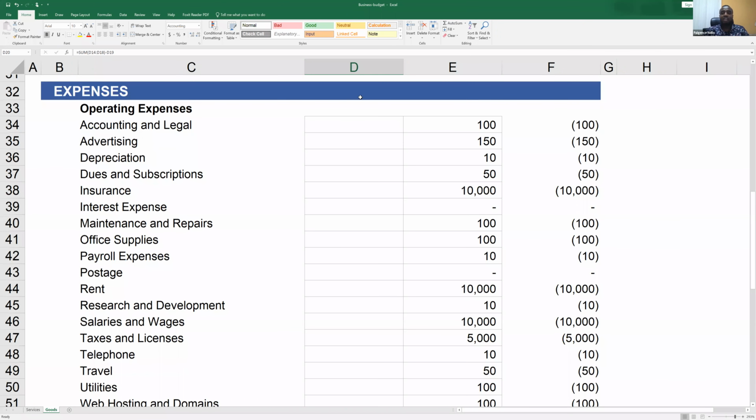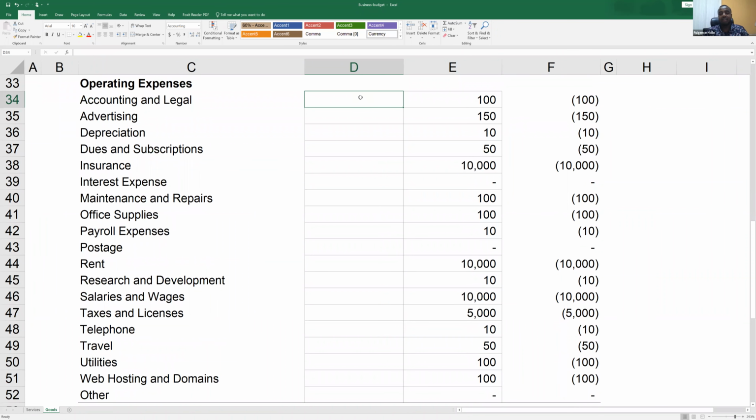Your legal fee, it was 100, you negotiated, and it went to 90. Advertisement, it went to 200. Depreciation, it was 15. Dues for subscription, it went to 80. Insurance, you negotiated to 9,500. Maintenance and repairs, they were low, so 90.